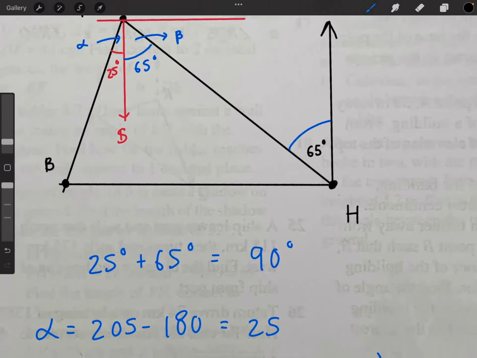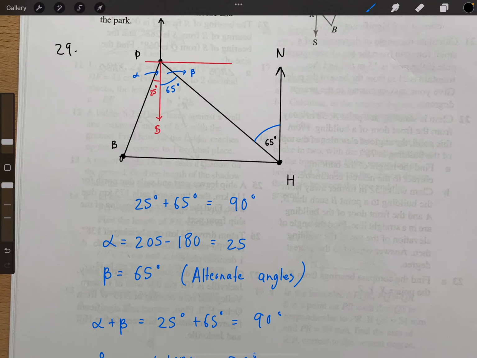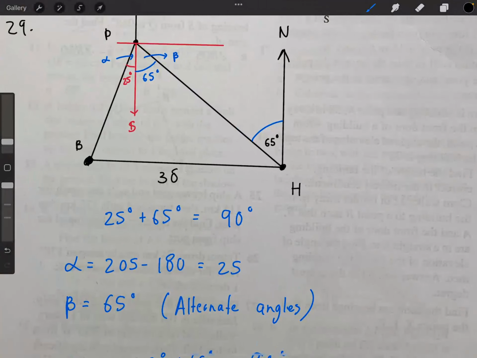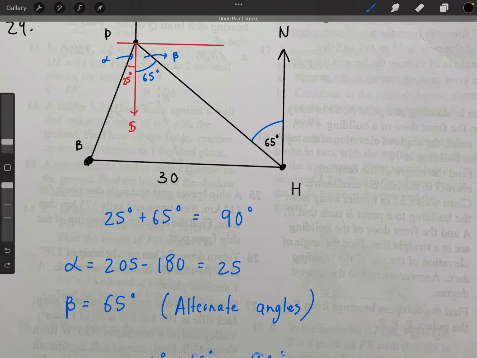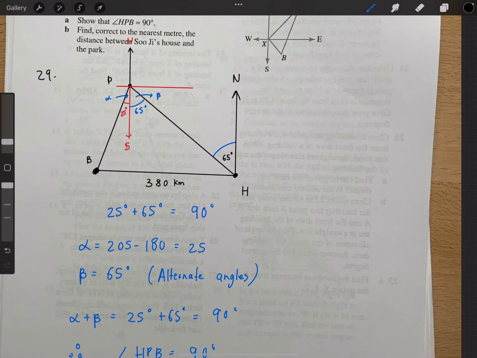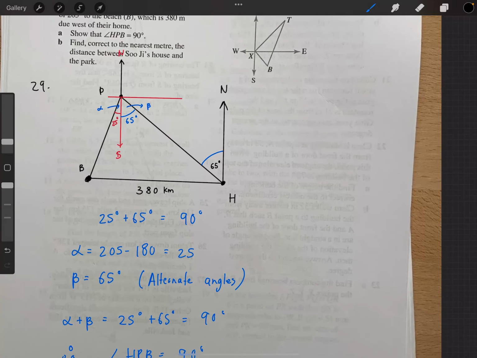The distance between the park and the beach was 380 meters. Now we want to find the distance between the house and the park. So this distance here we're going to call x.